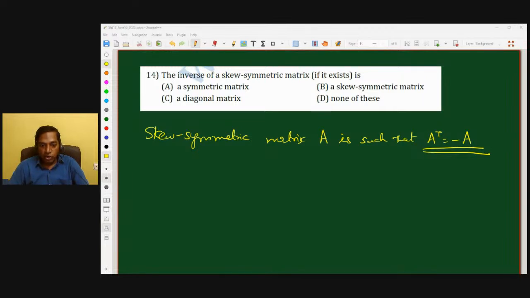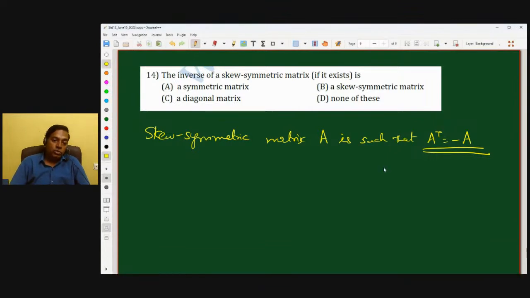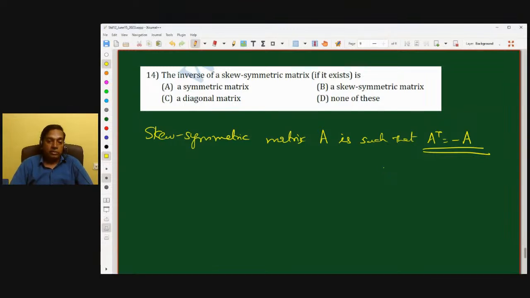Quite a few have got it, but a few people have made a mistake. A skew symmetric matrix is such that A transpose is minus A. Now, the inverse of a skew matrix. So we need to find what about A inverse. What did we do?